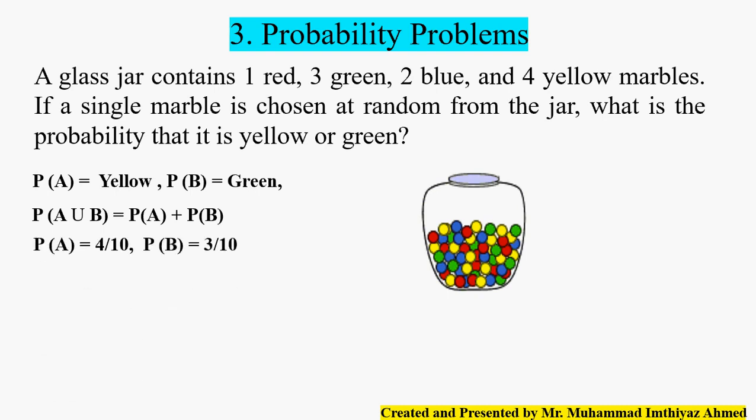So probability A is 4 by 10, probability B is 3 by 10. As you can see, it is given in the question, yellow marble is 4 and green marble is 3. So adding this yellow and green together, we are getting 7 by 10. So this is our answer to this problem number 3. So I hope problem number 3 is clear.